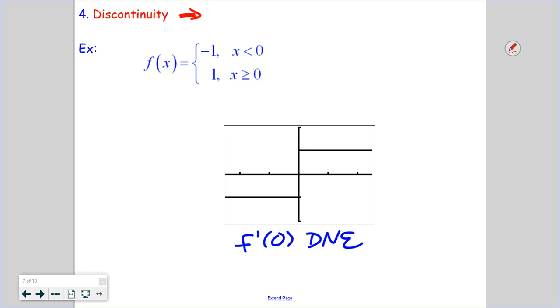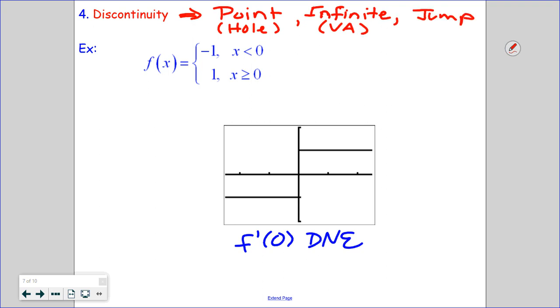So if there's any kind of discontinuity, and remember our discontinuities are a point discontinuity, which is a hole in the graph, infinite discontinuity, which is a VA, vertical asymptote, or a jump in the graph. So if the function is not continuous at that x value, then you automatically know the function is not differentiable at that x value, all right?